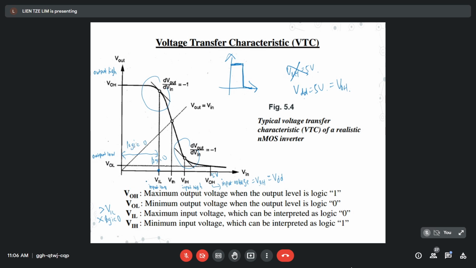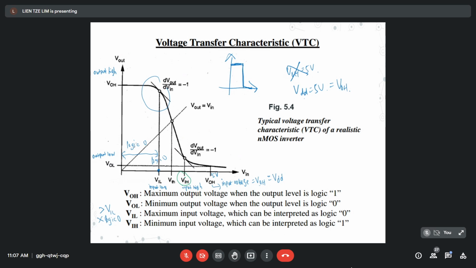And then for VIH, VIH is the minimum input voltage which can be interpreted as logic 1. So you see the graph again. The graph here, this is VIH.